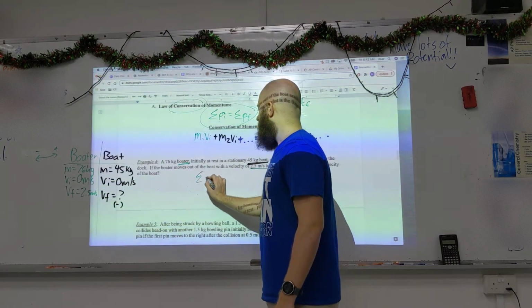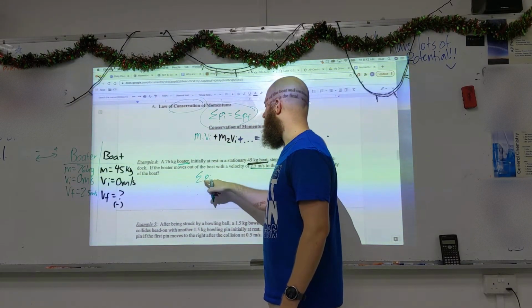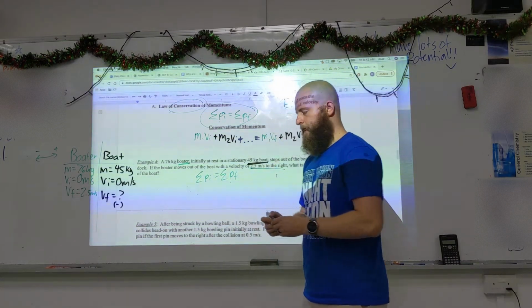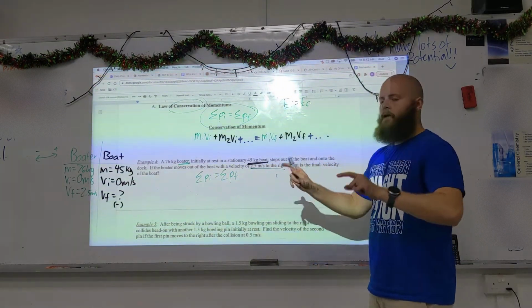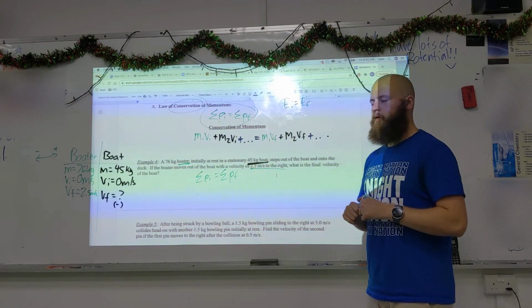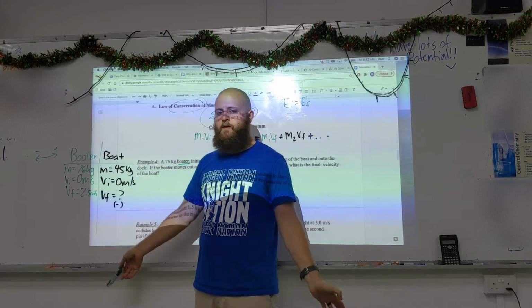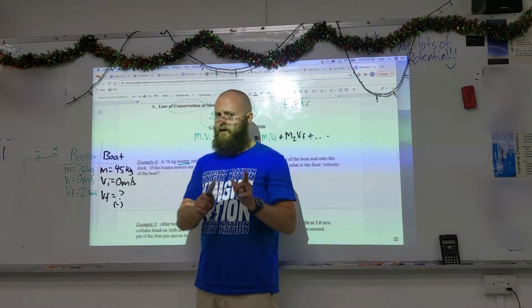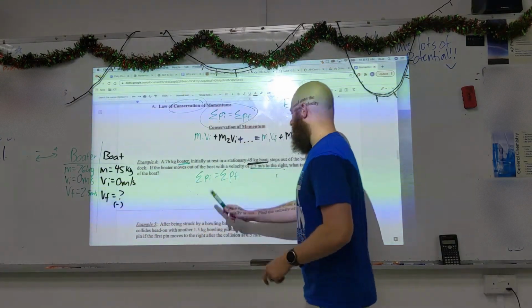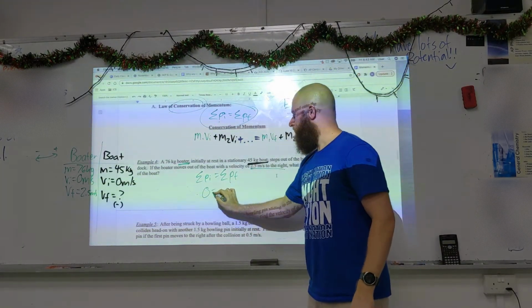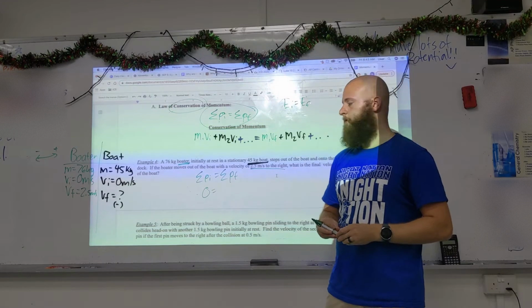So let's do the sum of the initial momentum is equal to the sum of the final momentum, okay? Now, do I have any momentum at the beginning? Well, let's look at it. Do I have any velocity at the beginning? Is anything moving at the beginning? No. If nothing's moving, then what's my initial momentum? Yeah, my initial momentum is 0, okay?